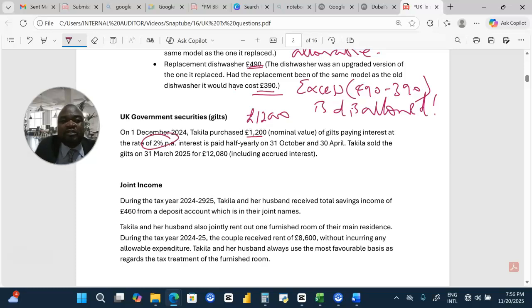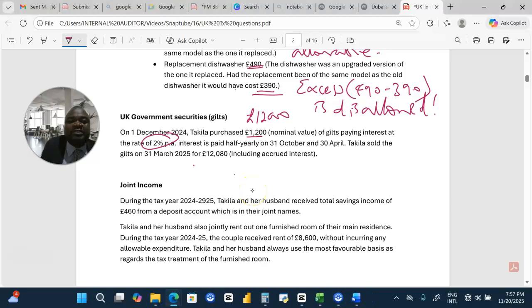We are not taxing them on the sale of the principal value, but on the interest income. So let us compute the interest income, or the interest payable.